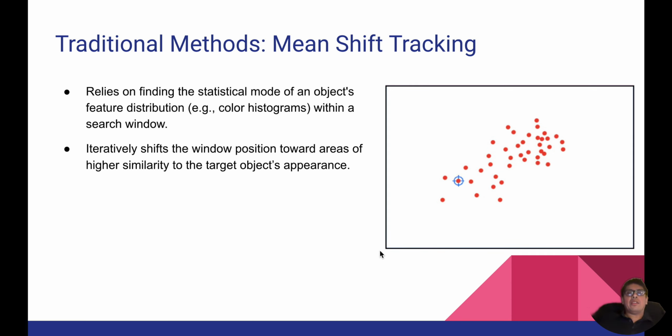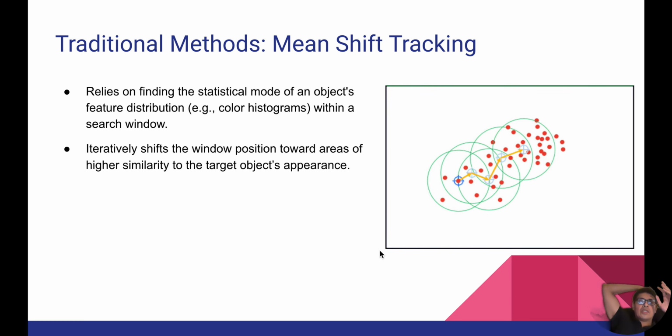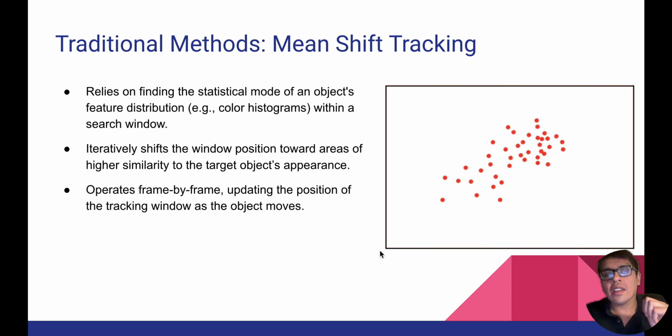What happens is there's a window that's shifted iteratively as the mean of the calculated features in this feature space shifts along with it, and it moves towards a location of higher probability of the target's appearance.